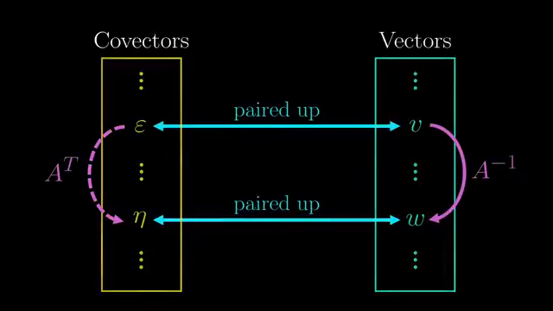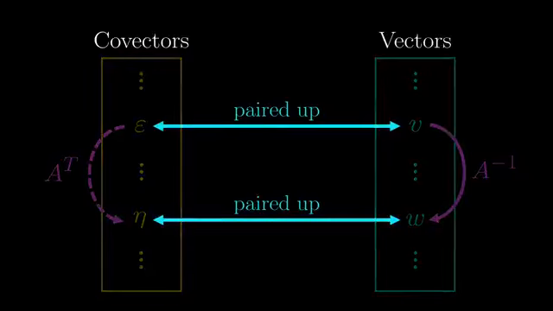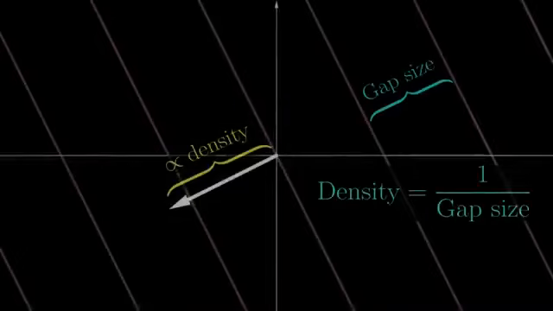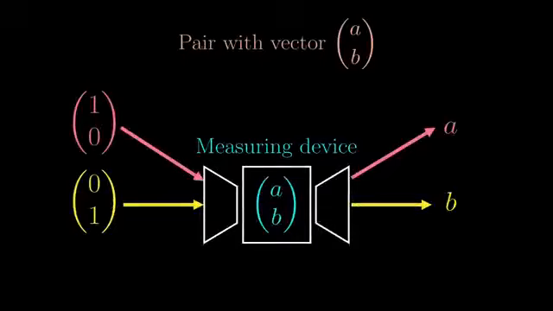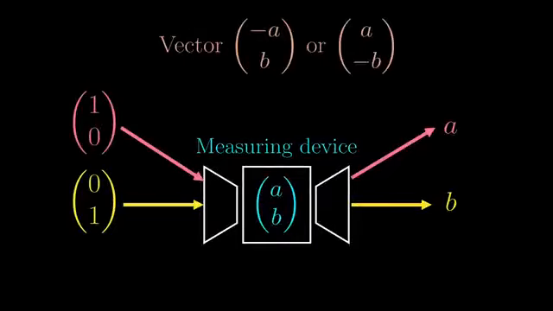There are two reasons why I want to emphasize the process of pairing up. First, while this way of identifying a vector with a covector is very standard and very natural, this is not the only way of doing it. You could have also paired up with the vector negative AB instead, or A negative B. These will still yield a one-to-one correspondence.